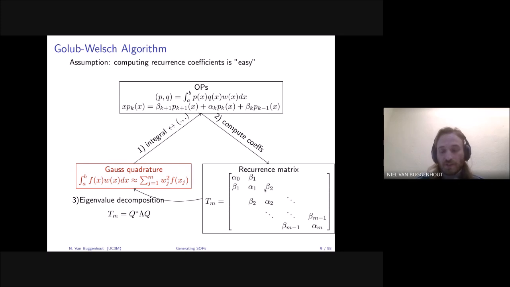And then we can construct this matrix on the right-hand side using these coefficients. And then to obtain the Gauss quadrature rule, we compute the eigenvalue decomposition of this symmetric tridiagonal matrix, which is a well-known problem. Very good numerical methods exist to compute this eigenvalue decomposition, and so this will give you a reliable, robust algorithm to compute Gauss quadrature rules.